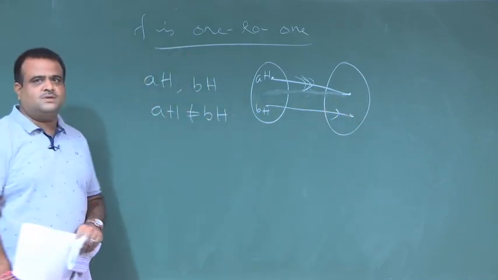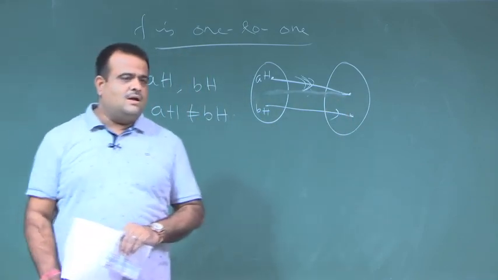That is the 1 to 1, and this must be true for any two distinct elements H and B H.